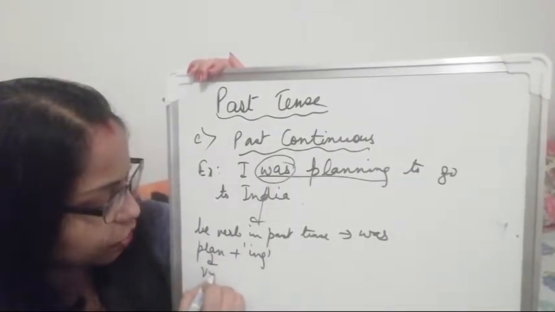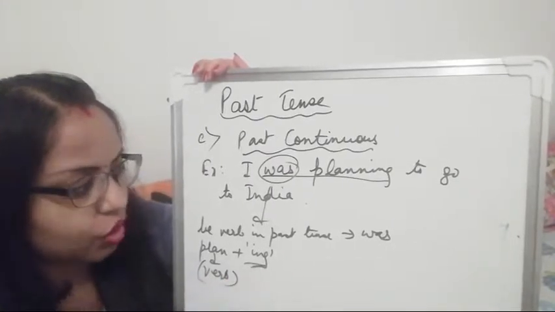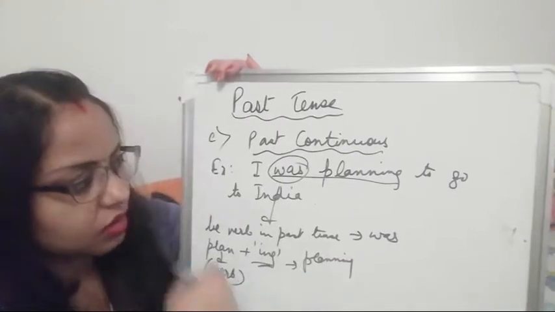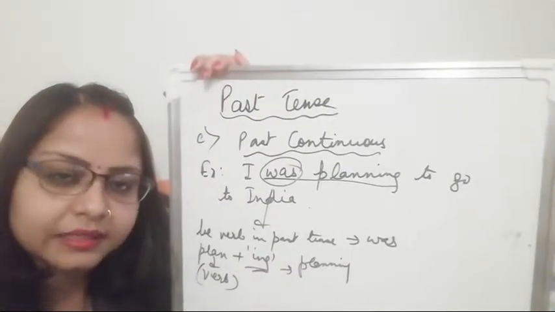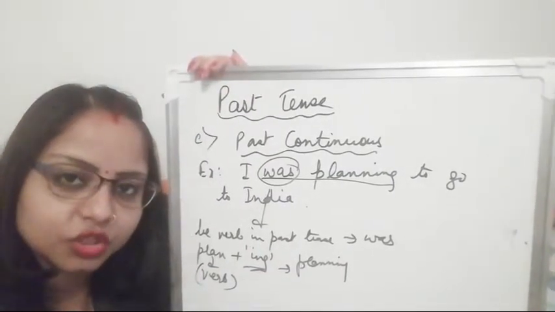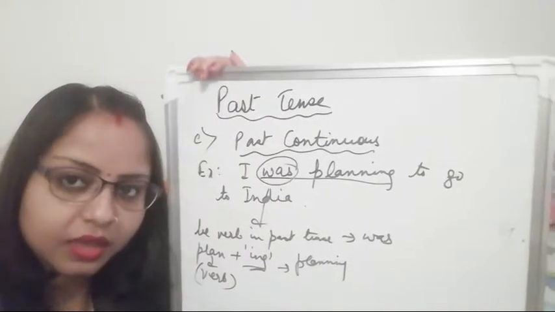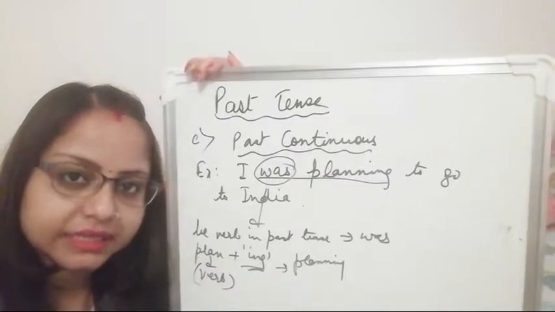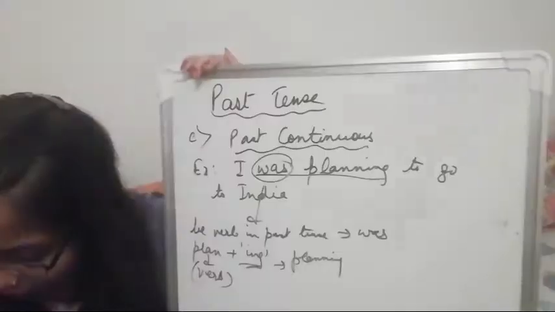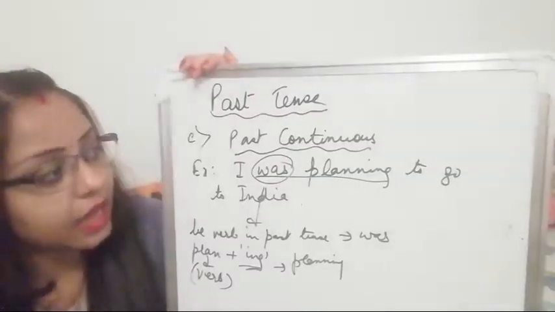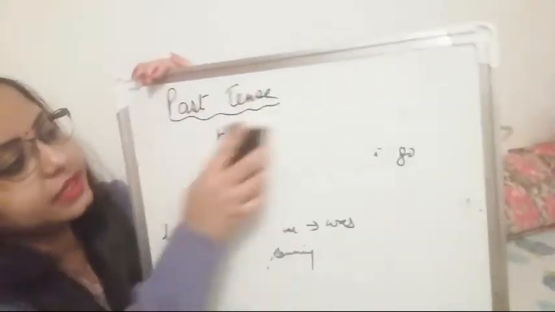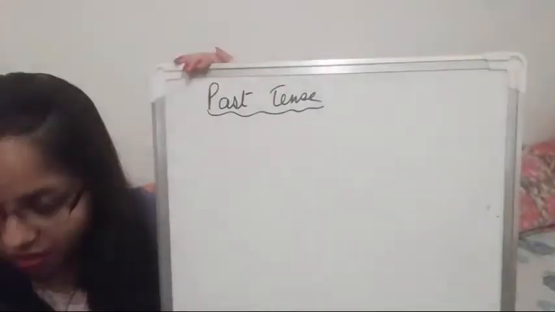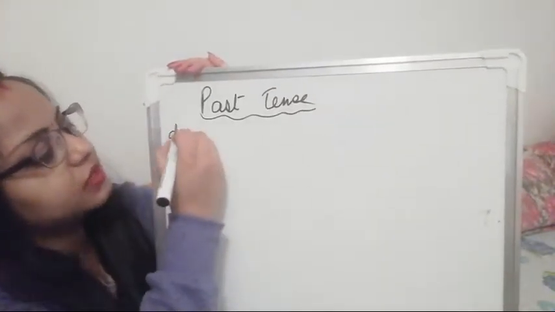Together it is giving us planning, and the whole thing is combining to give us past continuous tense. Let's move on to the last subcategory of past tense, that is past perfect continuous.